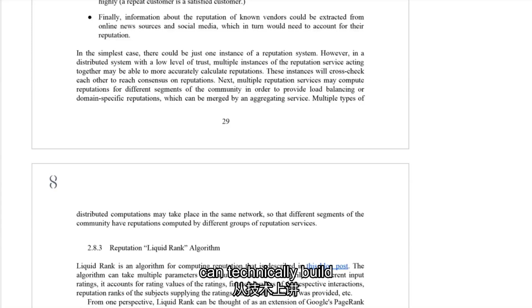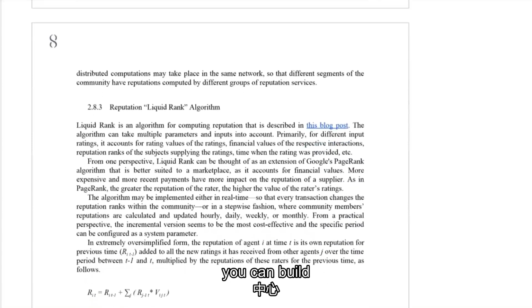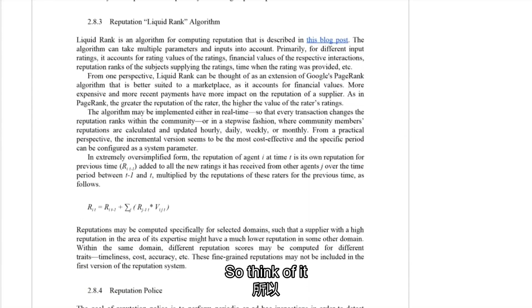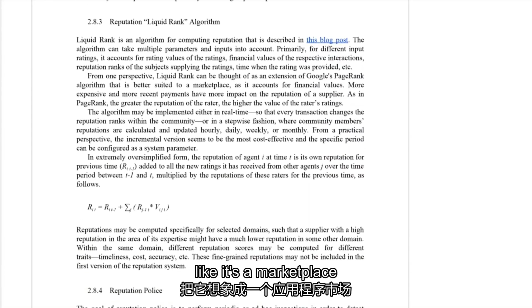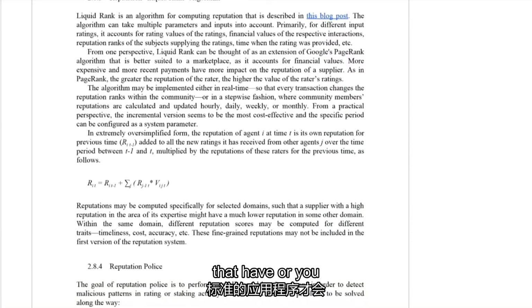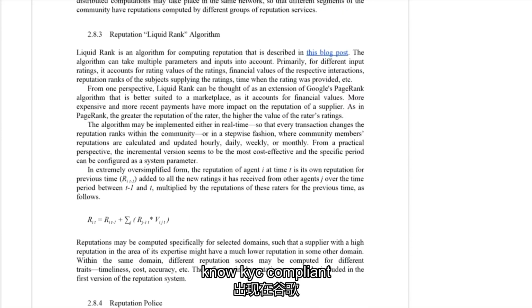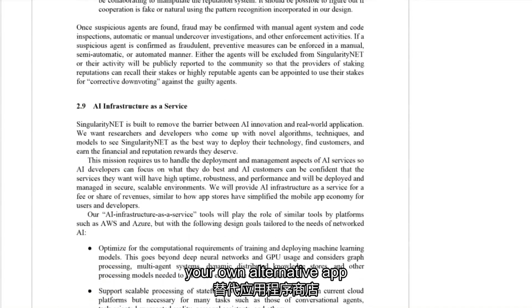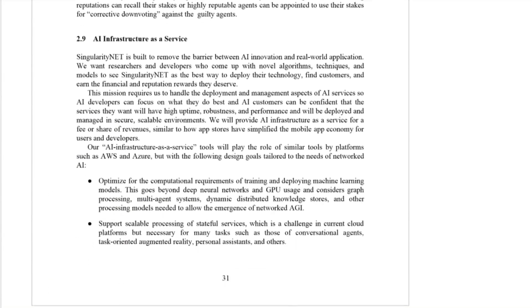But you can technically build your own hub. Like, you can build your own Android app store and so on. So think of it like it's a marketplace for apps, but only the ones that are KYC compliant will be in the Google App Store, but you can build your own alternative app store.